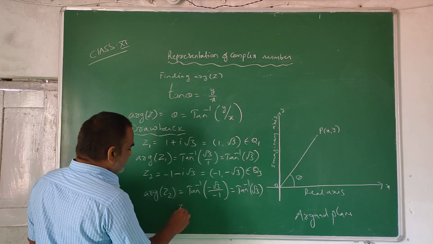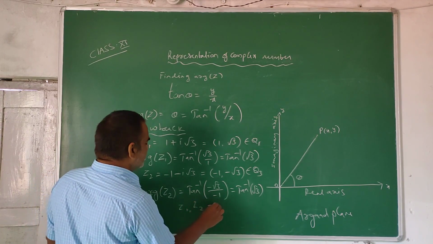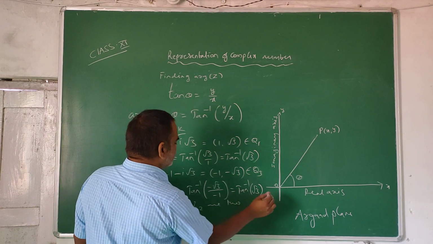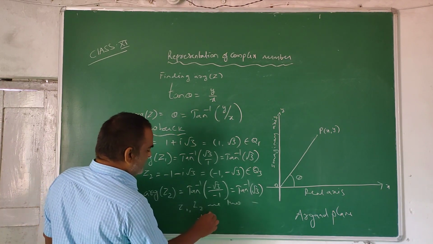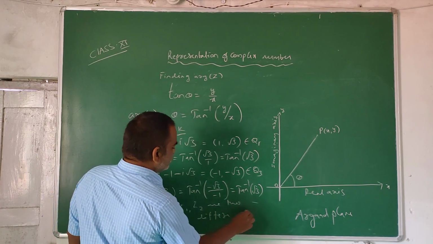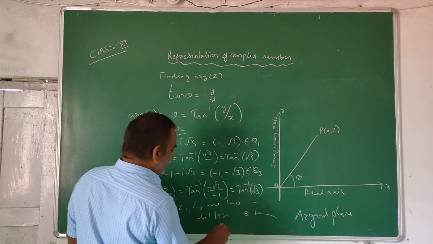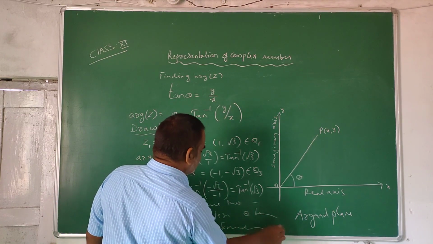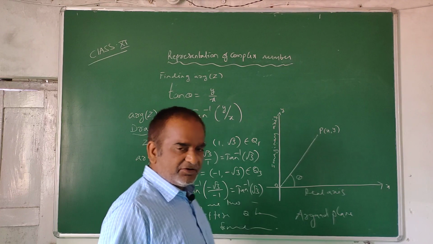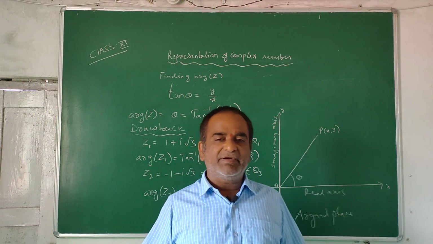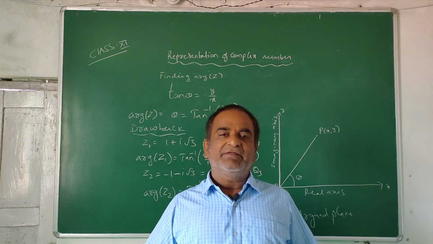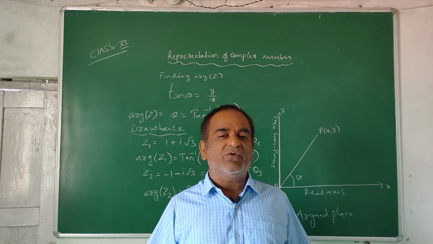So z1 and z2 are two different complex numbers which lie in different quadrants, yet have same argument. That should not happen, right? Different complex numbers in different quadrants, how can they have same argument?